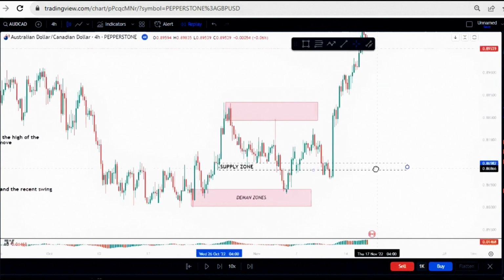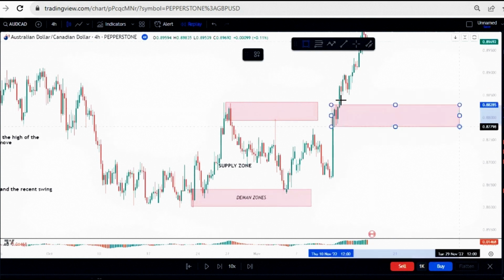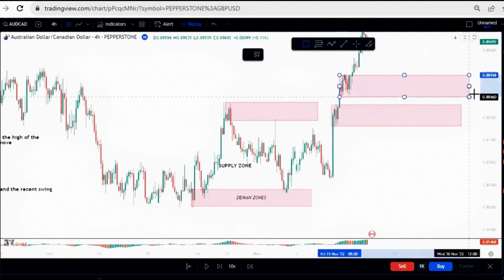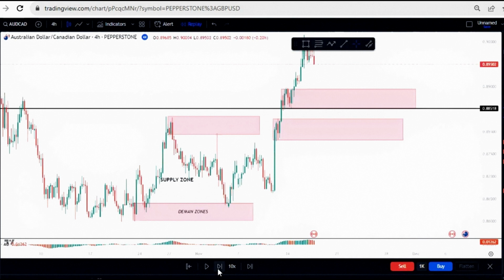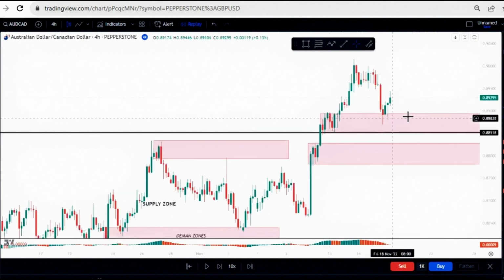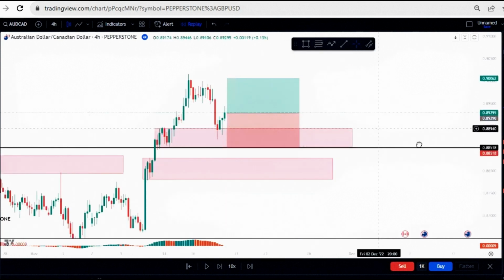For example, here, the price was rallying, then we had a base, the price continued to rally, then we have a base. So when the price returns back to these zones, we expect to see a reaction or the price rejecting the zone and continuing to go even higher.